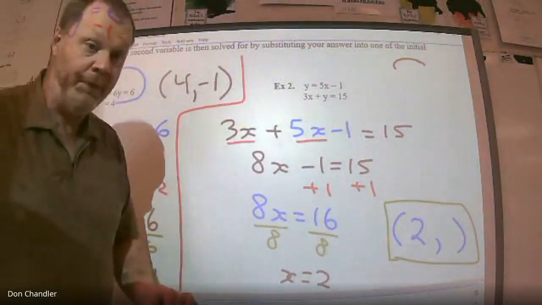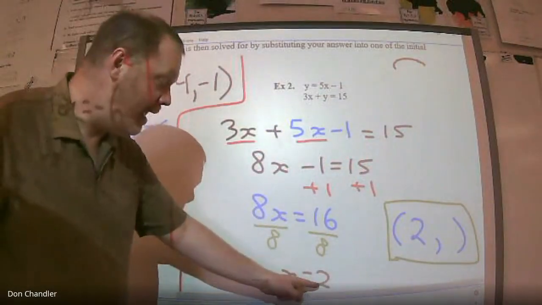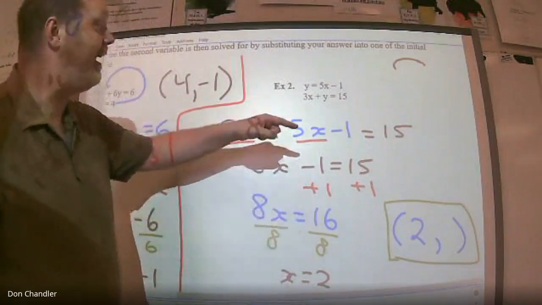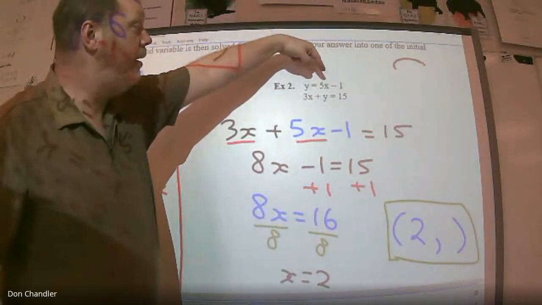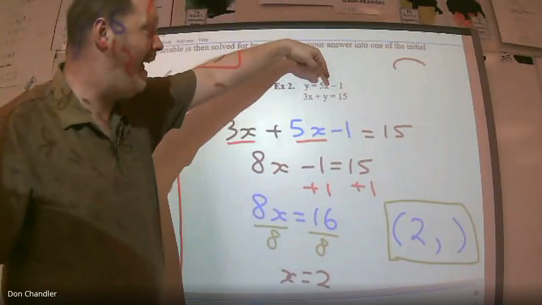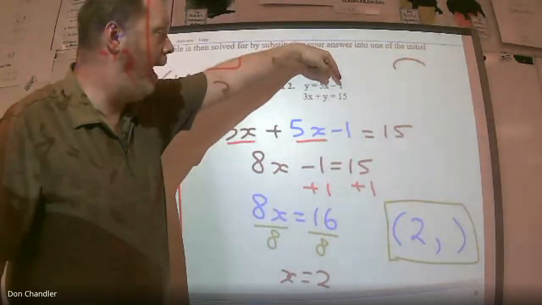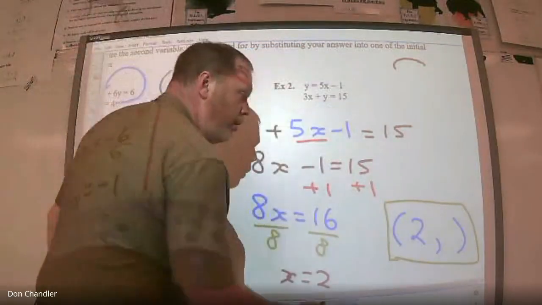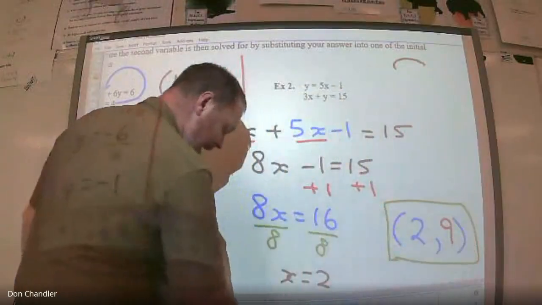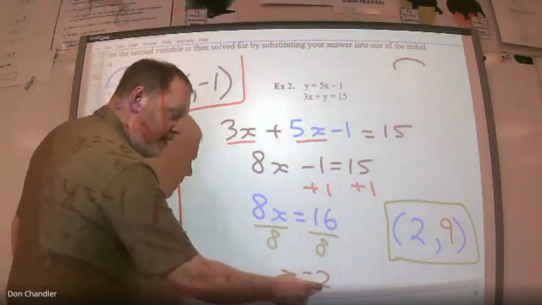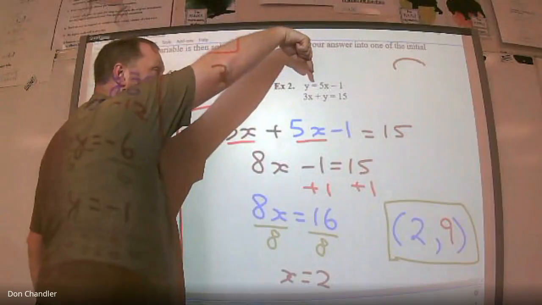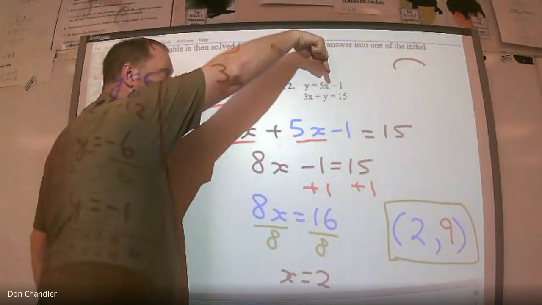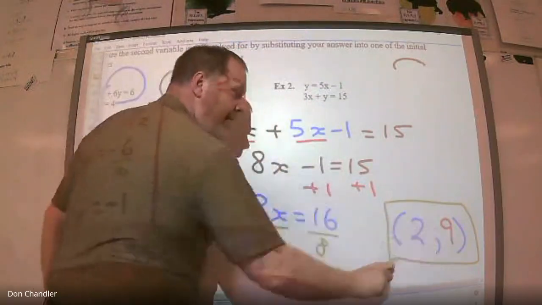Well, all you do is put the 2 back into your isolated variable. 5 times 2 is 10 minus 1 is 9. The y value is 9. Again, I took this x is 2 and I put it back into my equation to figure out what y is. 5 times 2 is 10 minus 1 is 9.